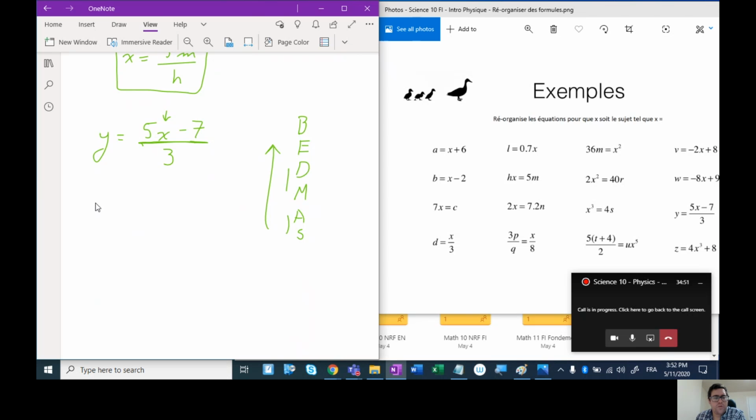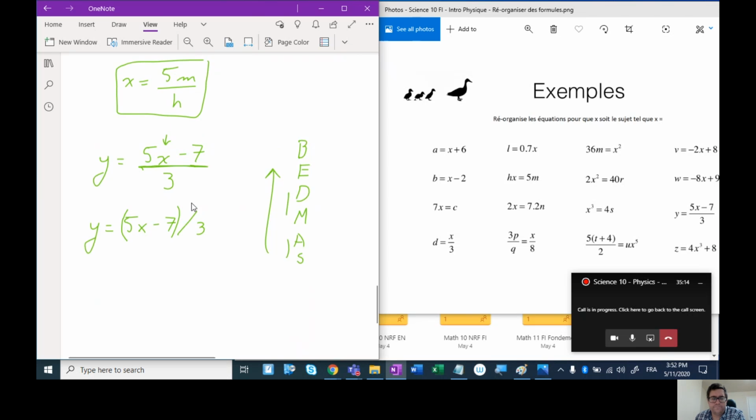This can be rewritten as this. Except there's a problem here. This is not true. If I put brackets, it becomes true. Right, so this actually means this.